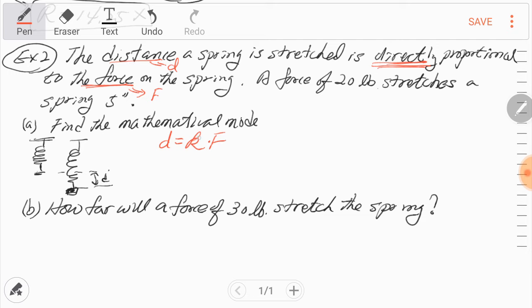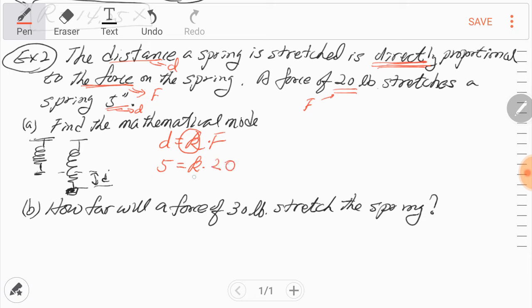And then we have to find the constant of variation k, so we have to know the values of distance and force, and they are given. 20 pounds is the force, and it stretches the spring 5 inches, the distance. So let's plug in these two values: 5 inches is equal to k times the force, which is 20 pounds.